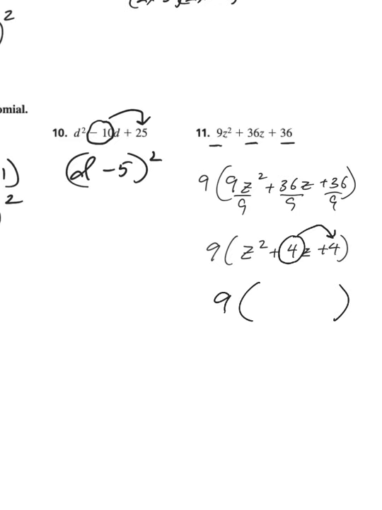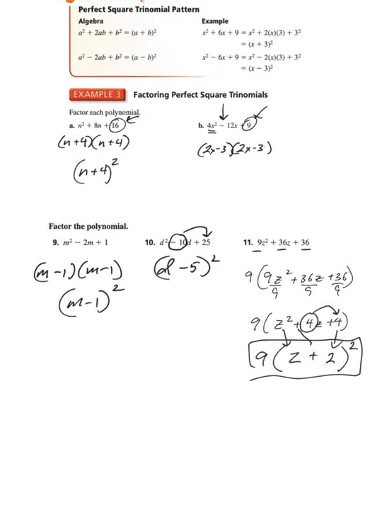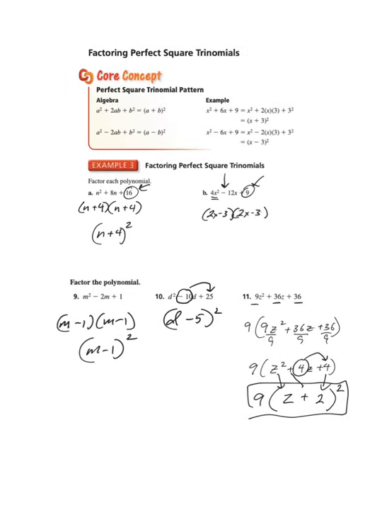It's a perfect square trinomial, which means we just need to get the square root of the first term and the square root of the last term, the F and the L of FOIL, and the sign of the middle term, so it's going to be plus. And then we put a squared out here. So that is this one. That's a little tricky, but I do have a couple on the homework that are going to be like that. So watch out for those in the later part of the assignment.